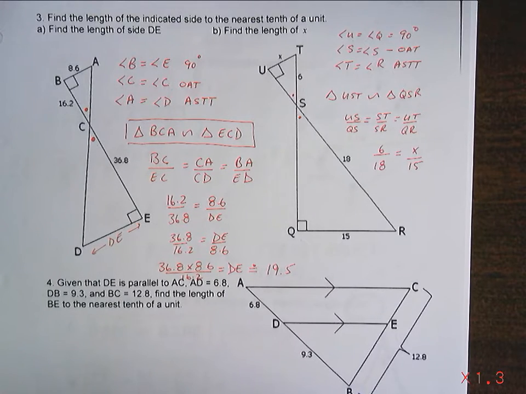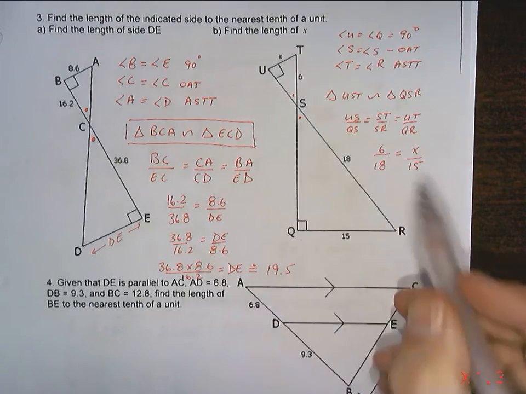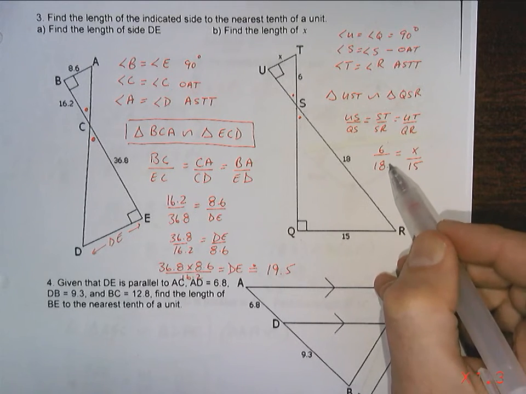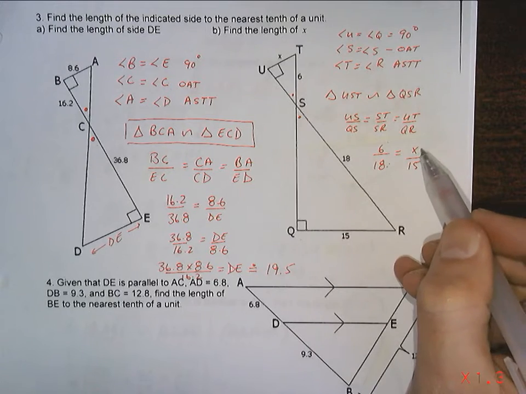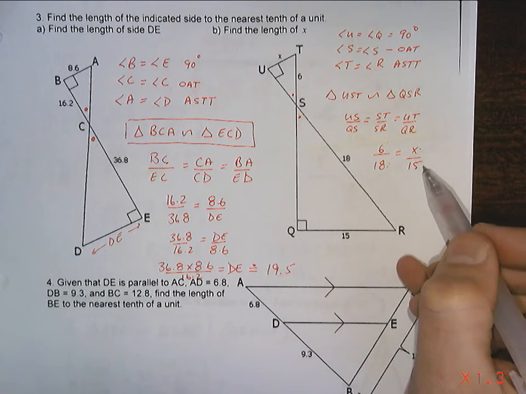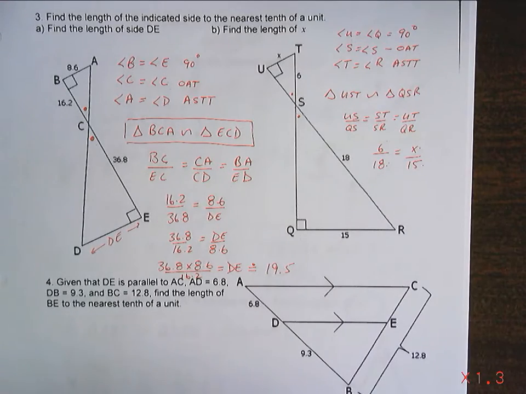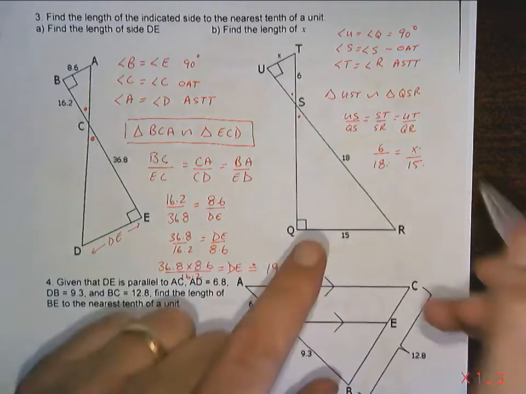Now, sometimes when you do these questions, you can figure out the answer just by looking at it. 6 over 18. That had to be multiplied by 3, didn't it? 6 had to be multiplied by 3 to get 18. So what would have to be multiplied by 3 to get 15? 5. So you can tell just by looking at it sometimes. Or you can do the long way.